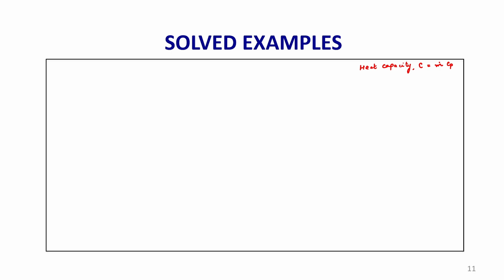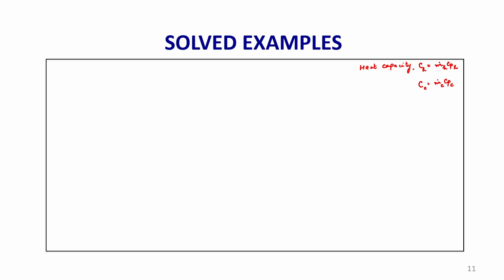Since we are using two fluids, one hot and another cold, Ch refers to the heat capacity of the hot fluid. That means m dot will become m dot h and Cp will become Cph. Similarly, for the cold fluid, Cc is m dot c into Cp of the cold fluid. So, the product of mass flow rate of that particular fluid and its specific heat gives you the heat capacity.